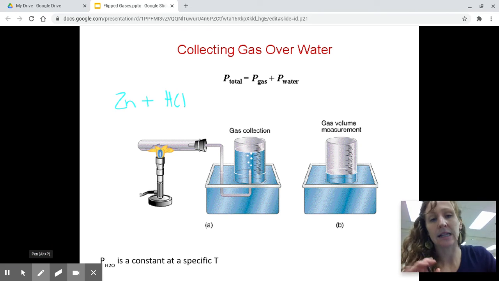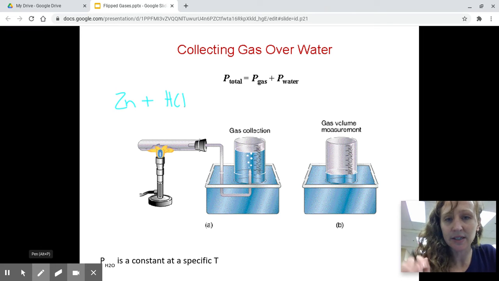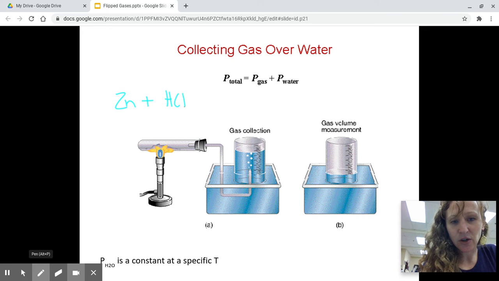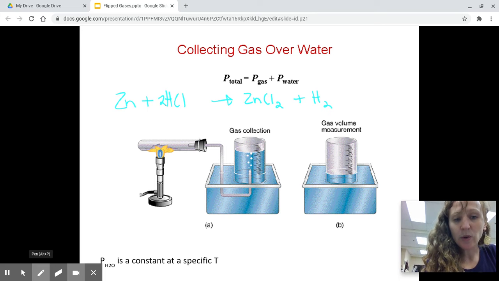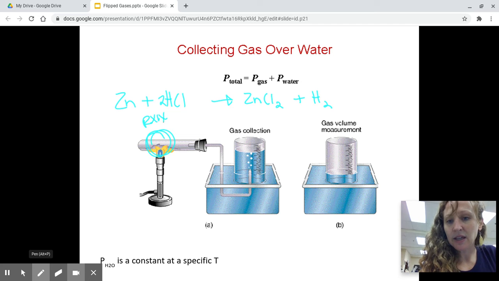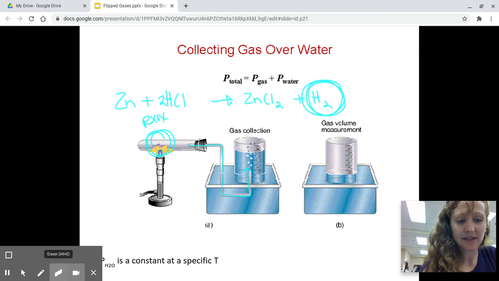This isn't exactly the same thing because it's not a decomposition reaction, but let us just ignore that for the time being so that I can make my point here. So it's going to react to form zinc chloride and hydrogen gas. Okay, so we have a reaction going on here, and the gas that's being produced is hydrogen. So our hydrogen gas is bubbling and collecting up here.